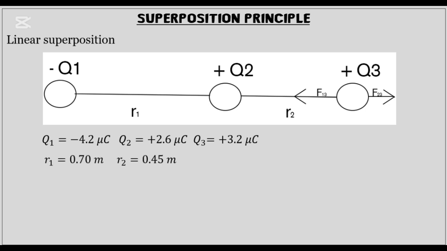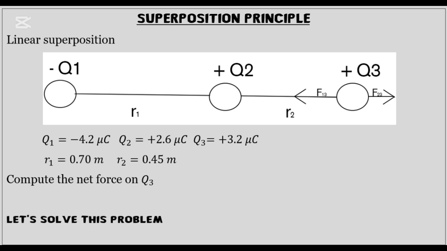Now our distances are given: R1 is 0.70 meters, R2 is 0.45 meters. So we note that. We are to find the net force on Q3. Let's look at the solution to this problem.